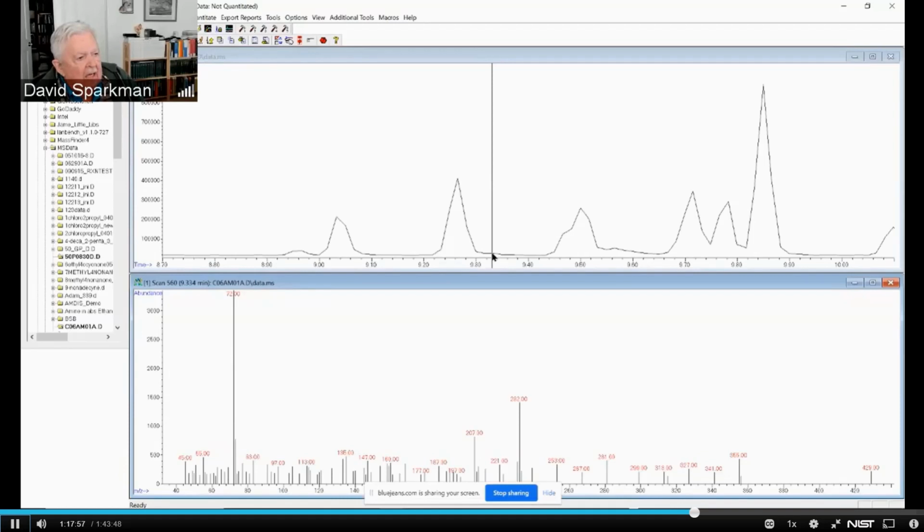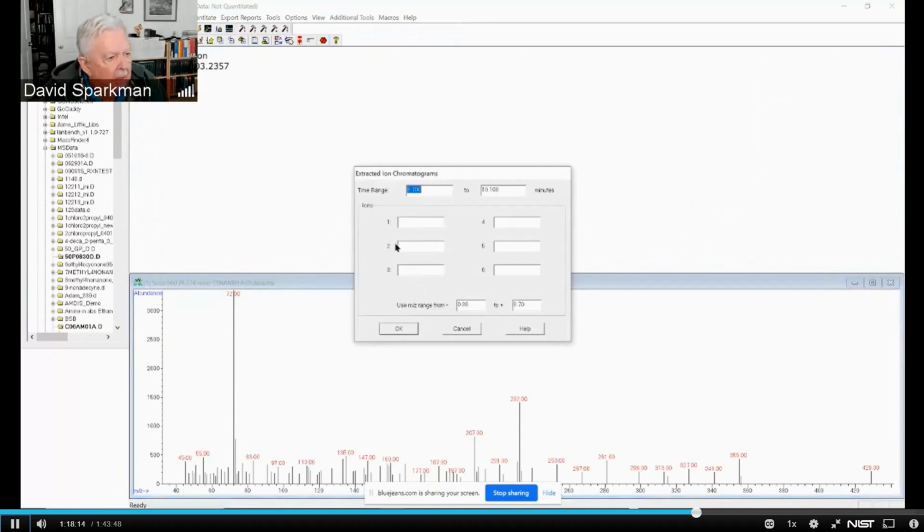So I decided that what I would do is I would do mass chromatograms of 232 and 72. So I go up here and I put in 232 and 72.